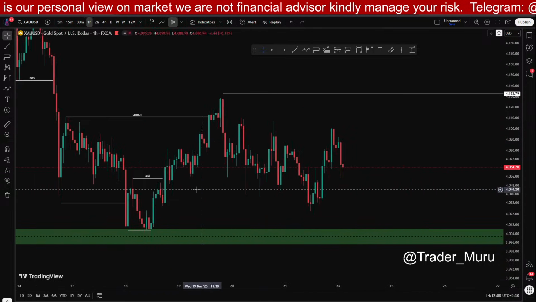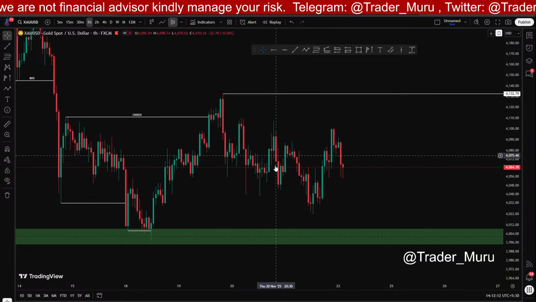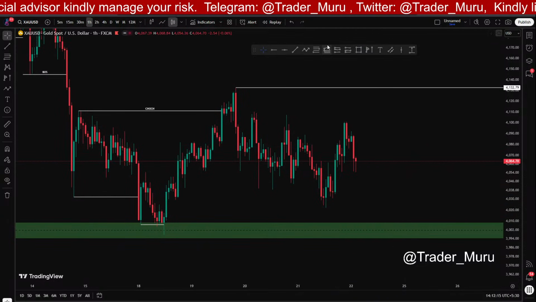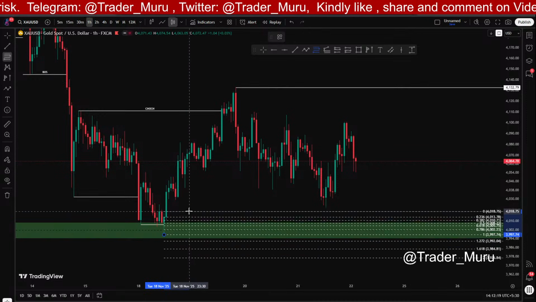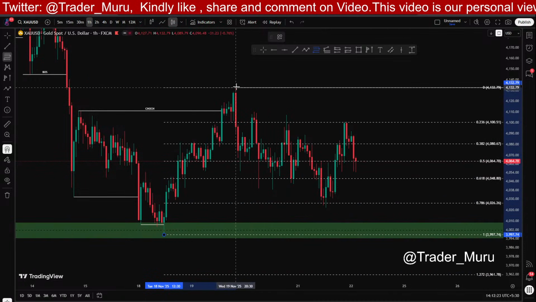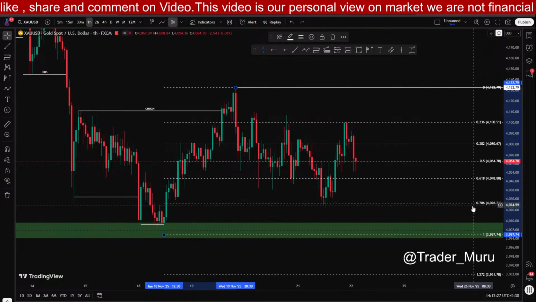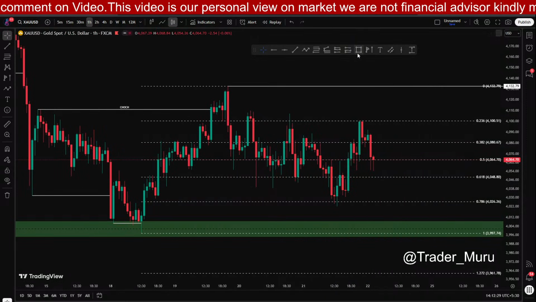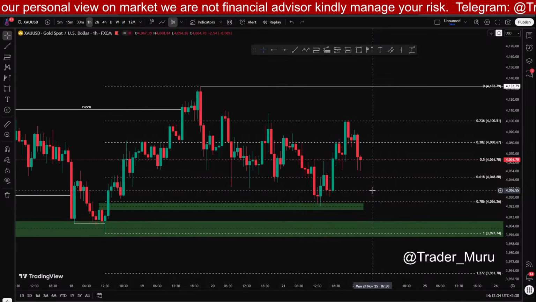So right now 1 hour is also bullish, and after the change of character, this is a retracement, and the first retracement can be near about 618 to 786 of the fib, and we have a 786 test here which was aligned with this demand.